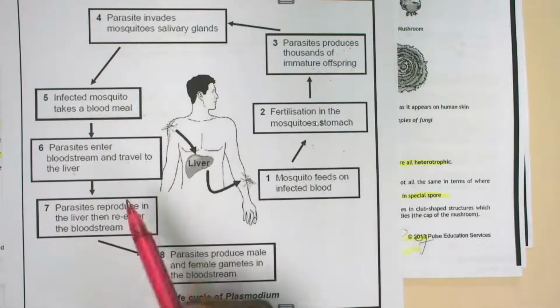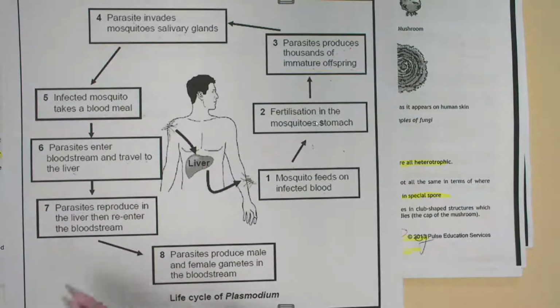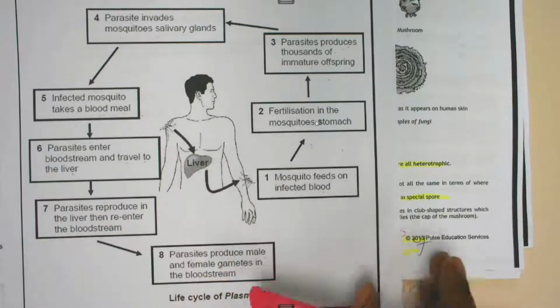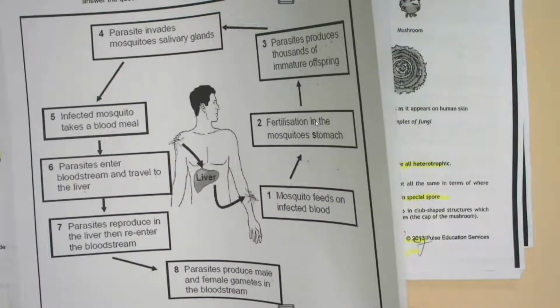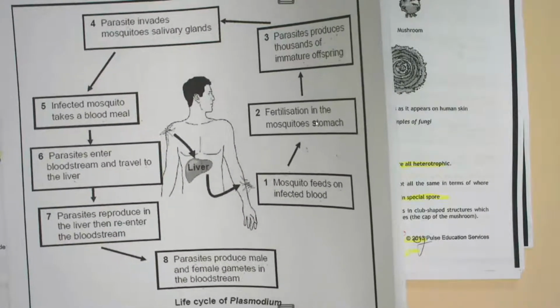The second last point, the parasites produced in the liver then re-enter the bloodstream, and the parasites produce male and female gametes in the bloodstream of a person. So this is the life cycle of malaria, or of this parasite which is called Plasmodium.